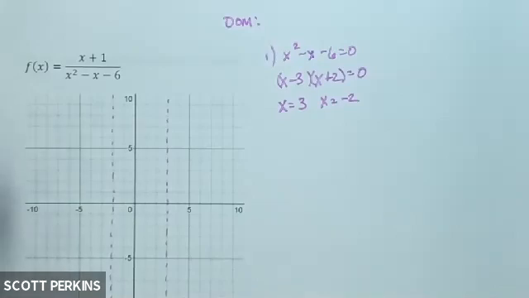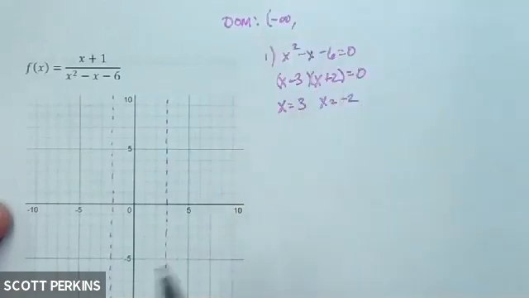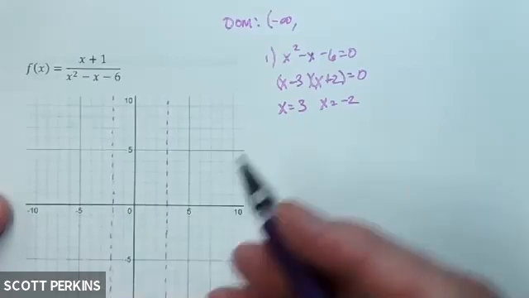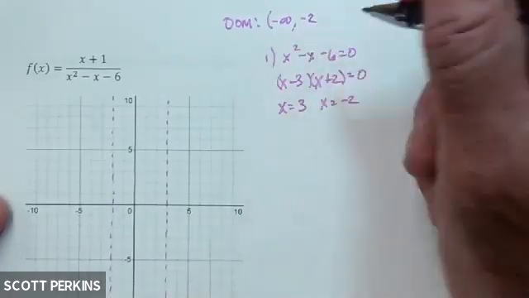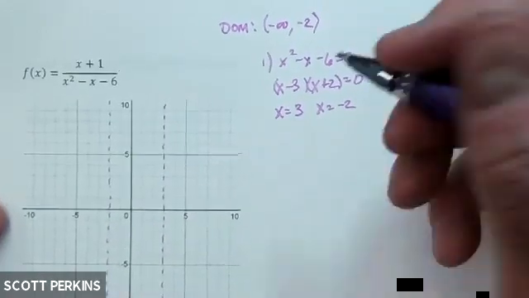So my domain starts at -infinity. And then as I proceed to walk along the x-axis, what's the first problem point that I have? Yeah, we come up to this wall right here, -2, so we can't go through that. So I'm putting -2 in a parenthesis because that's where my vertical asymptote is, union.